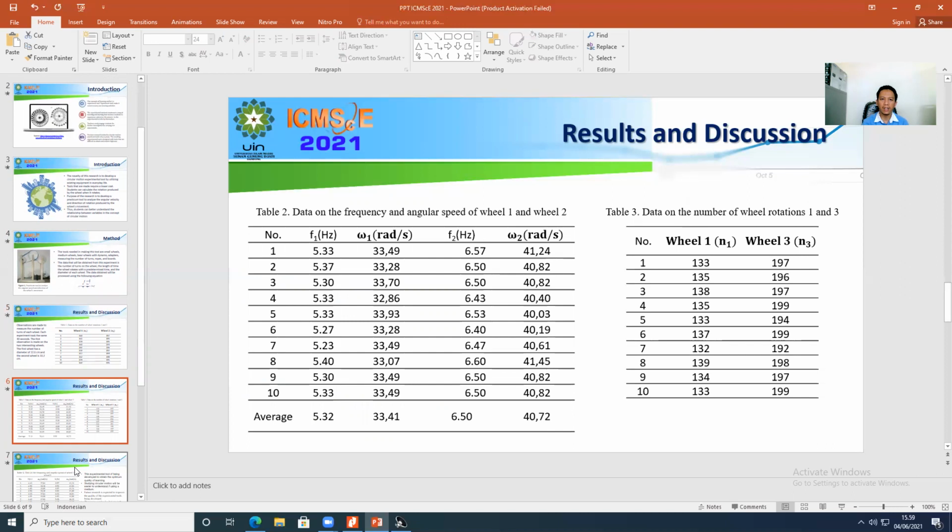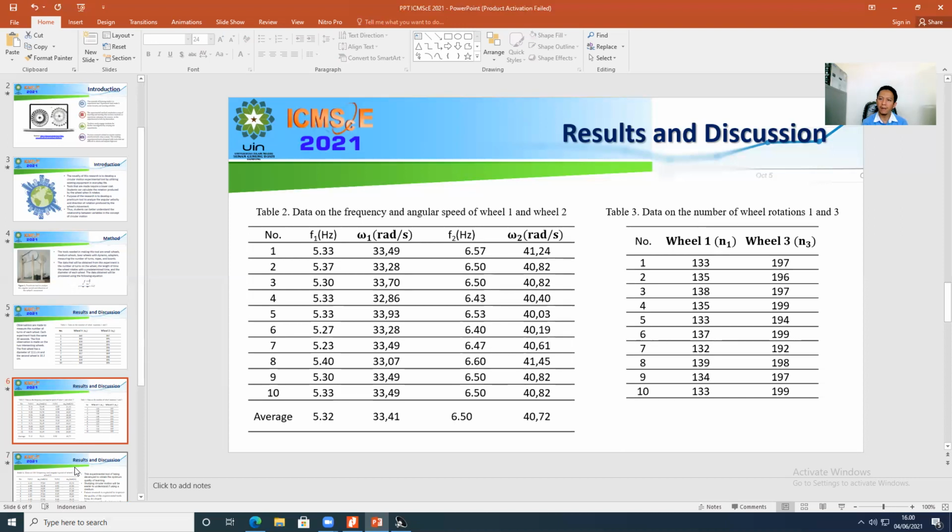Table 2, data of the frequency and angular speed of wheel 1 and wheel 2. The average frequency of wheel 1 is 5.32 and angular speed is 33.441, and the frequency of wheel 2 is 6.5 and angular speed is 40.72.